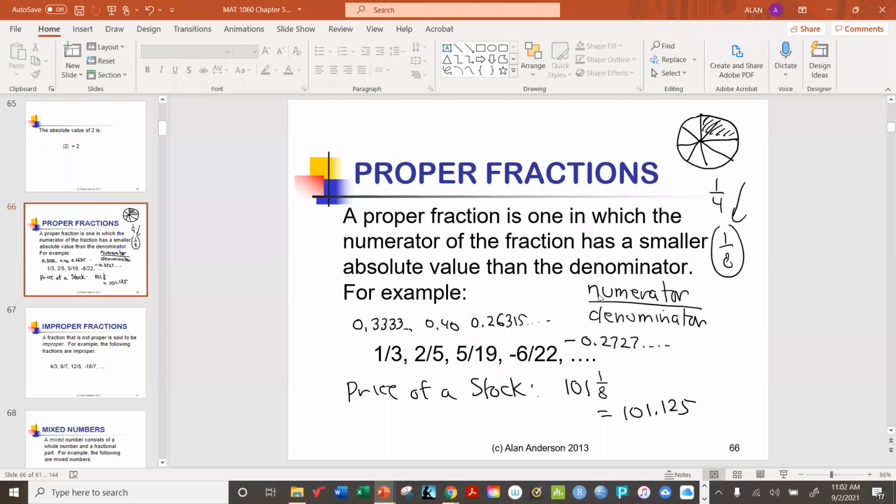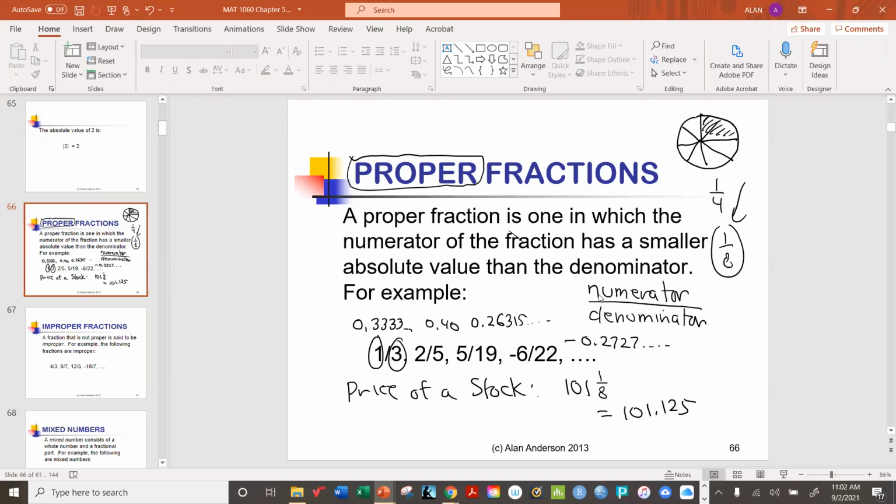So what they're telling us here is that if the numerator is smaller than the denominator, we call that a proper fraction. Mainly the reason for that is because it can't be reduced to something simpler. So we call it a proper fraction. That doesn't mean that it's very polite. That just means that you cannot reduce it, or at least it's not likely you'll be able to reduce it any further.